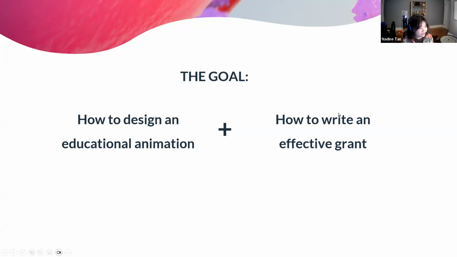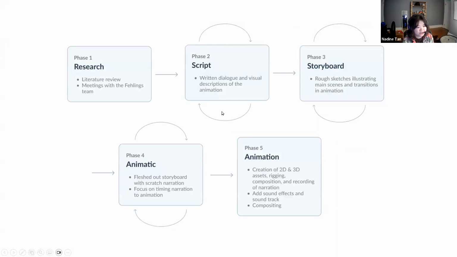To give you a sense of what this collaboration looks like, it started off with a phase of research where I learned about Dr. Failings' work, how to educate through animation, and how to acquire grant funding. Then I drafted a script for the animation, which was reviewed by Dr. Failings and his research team and iterated upon.